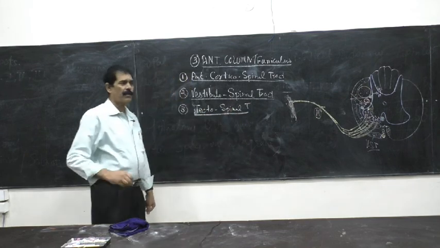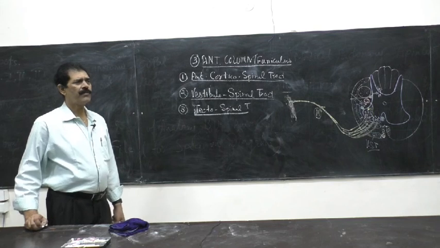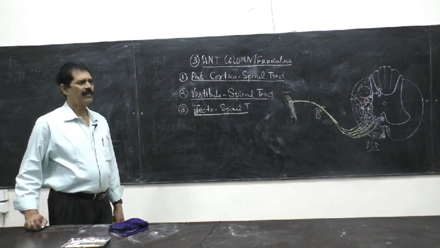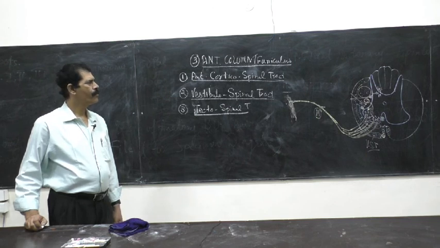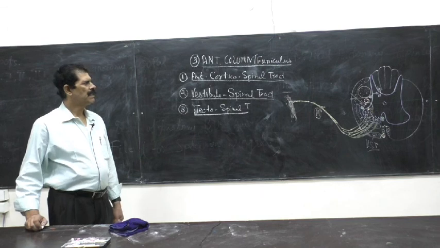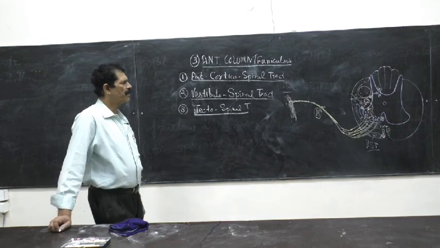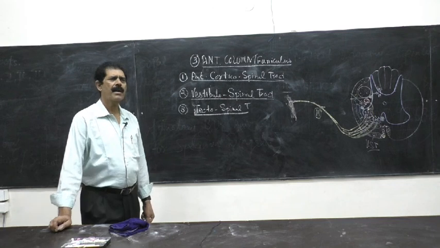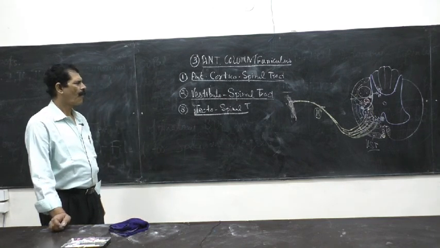Again the name suggests tectospinal. It starts from the tectum of the midbrain at the level of the superior colliculus. And this tract is also concerned with the motor activity. So it also is one of the extrapyramidal types of tract.